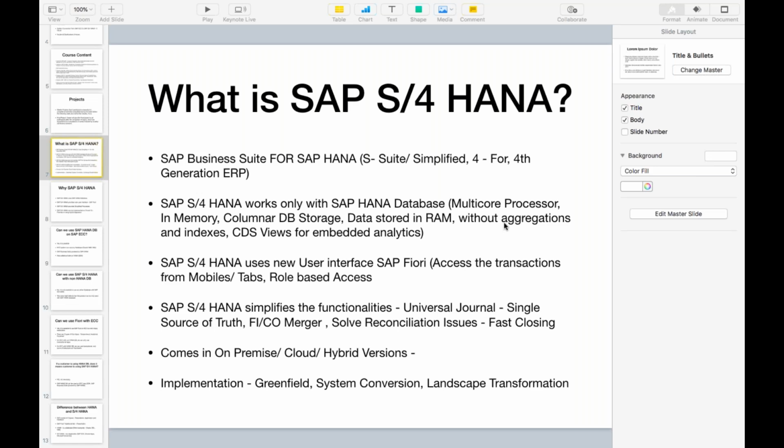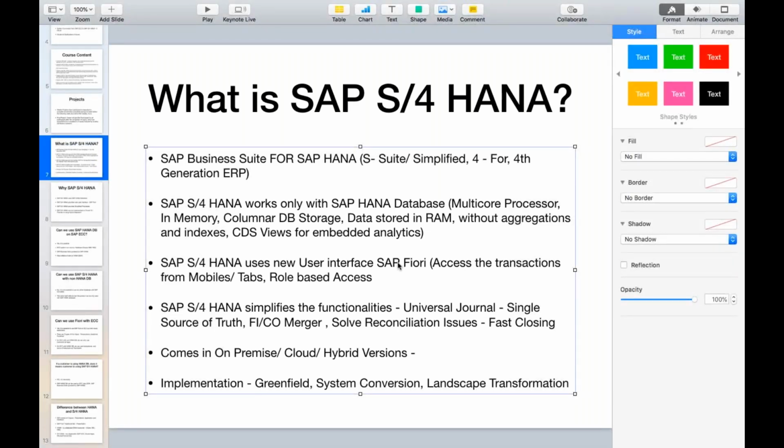The first one is the SAP HANA database. If you are using SAP S/4HANA, it is only possible to use it with the HANA database, which is providing you speed compared to the ECC system, because in ECC, we were allowed to use other databases also, because of which there were speed issues. So that speed issue has been resolved with SAP HANA.